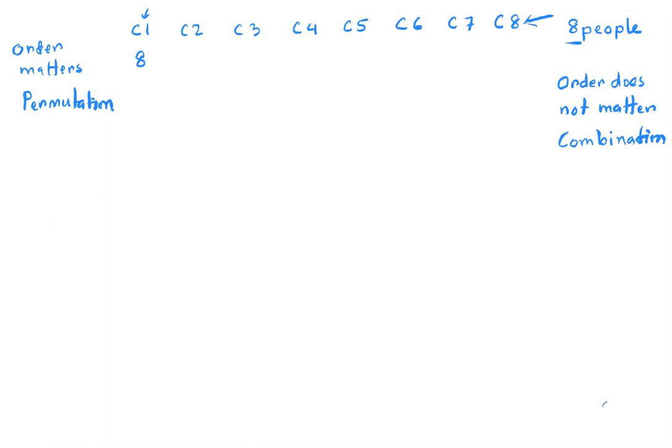Now that you have one person occupied the first chair, how many different ways the second chair can be occupied? Now I need a volunteer. How many different ways the second chair can be occupied? Anybody? Would it be 8? Okay, good. But any other suggestions, anybody?